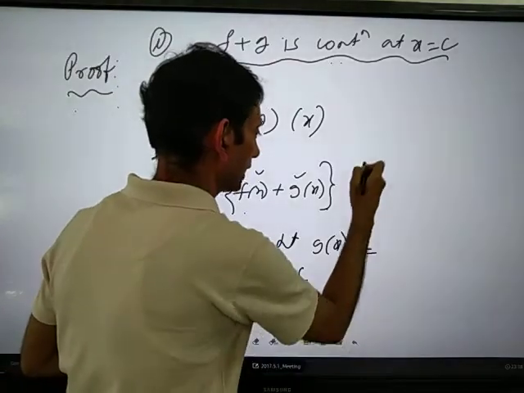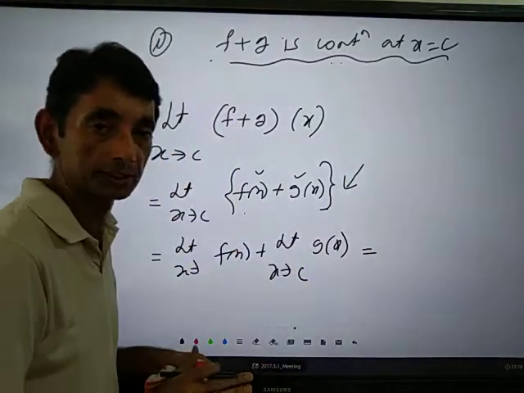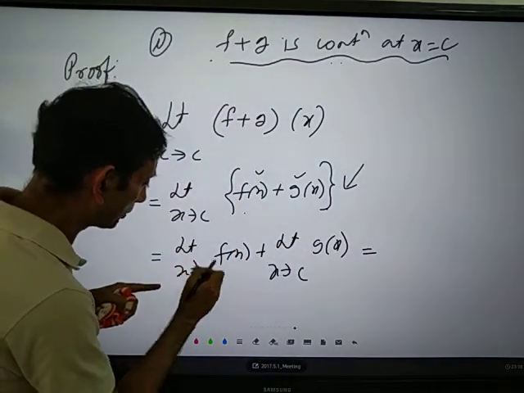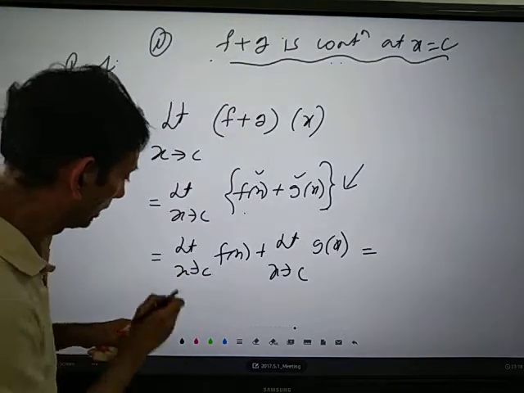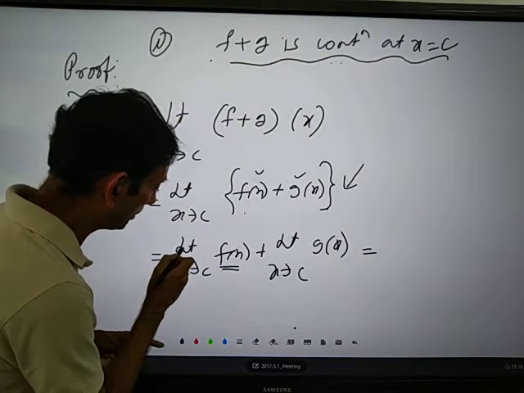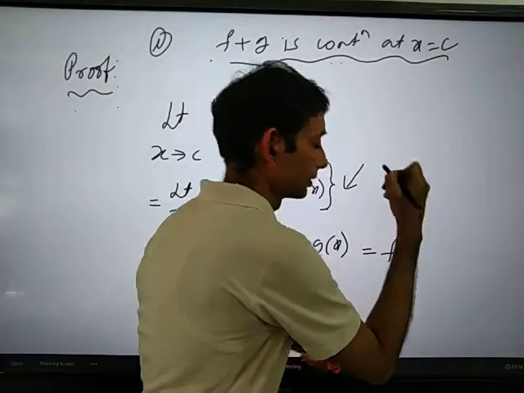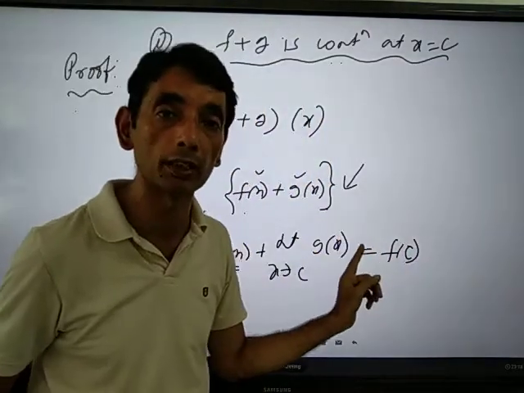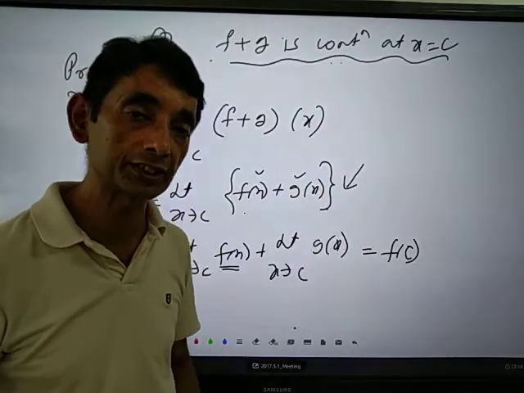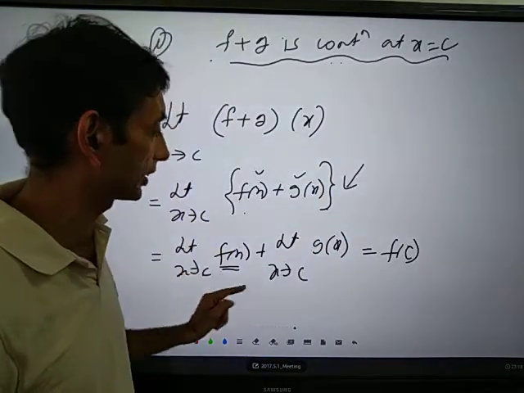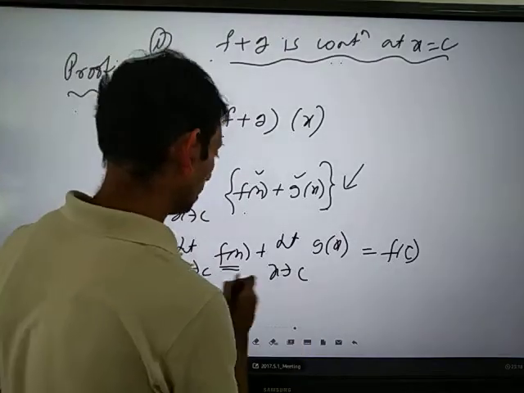So we have seen that this is the application of limits. Now we'll be using the definition of continuity. f(x) is continuous, therefore limit as x approaches c of f(x) will be equal to f(c). This is very simple. This is definition 1, what we explained in lecture 1: limit as x approaches c of f(x) equals f(c).